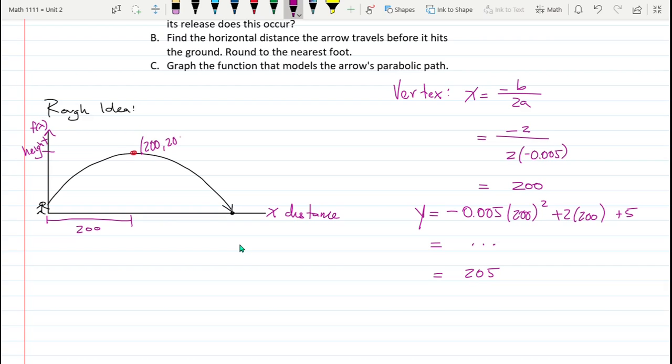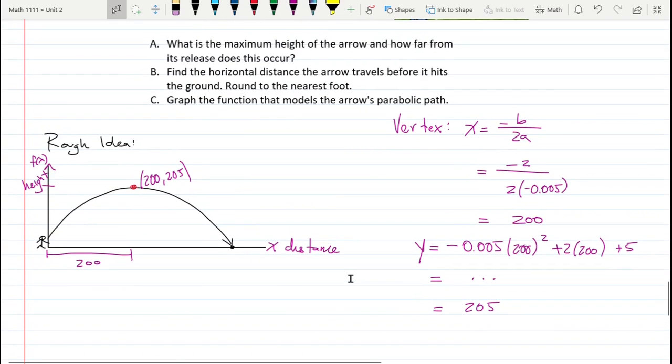So at the point (200, 205), we see the vertex. But to answer the real question, what is the maximum height of the arrow? The maximum height is 205. How far from the release does it occur? 200 feet away. Okay, so that was part A.